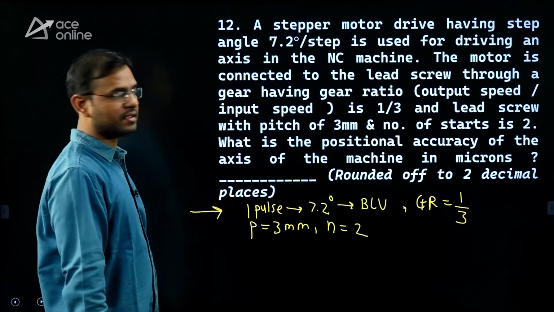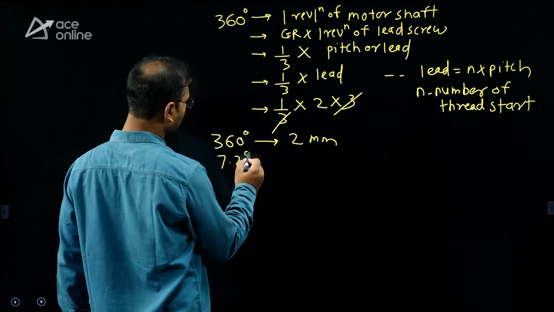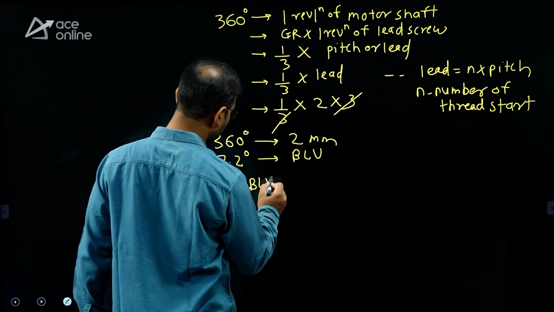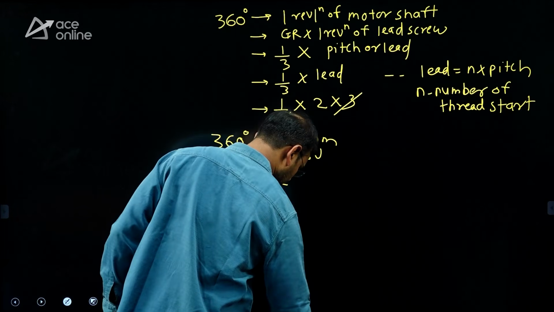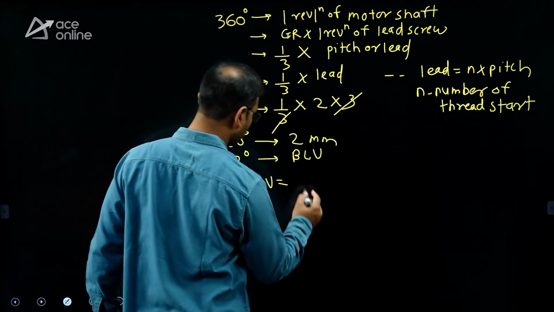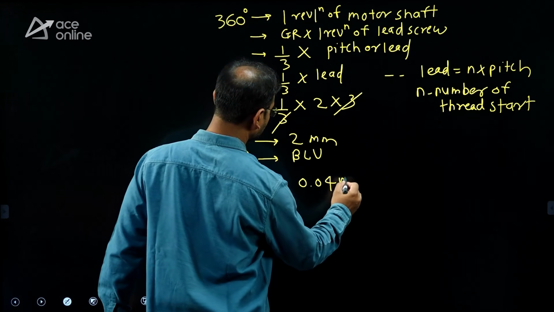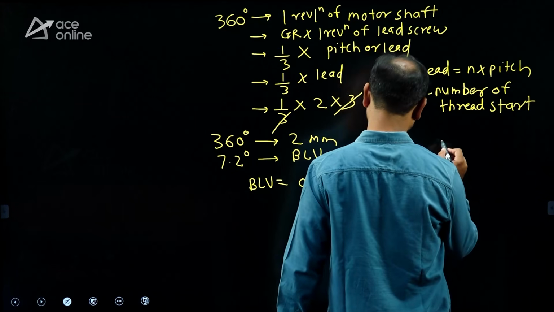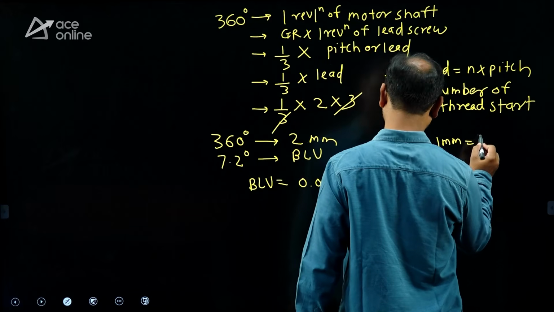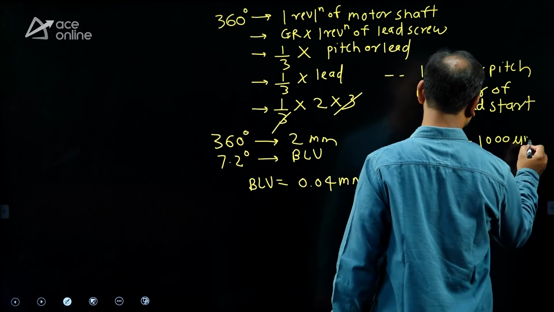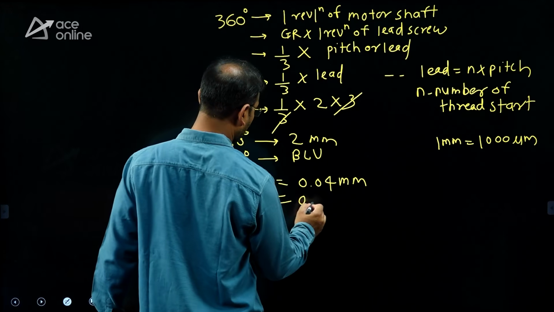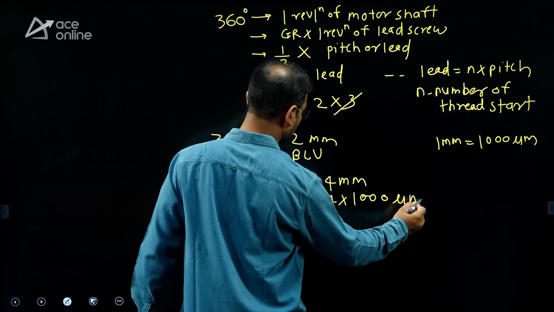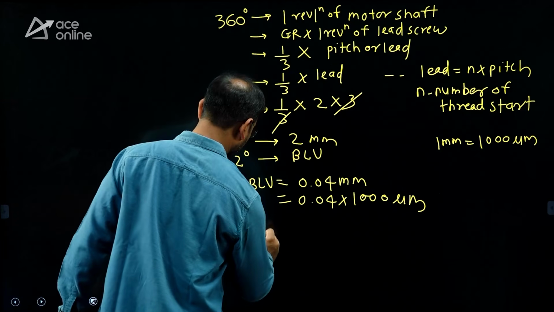Then what is the step angle? 7.2 degree. Then in the 7.2 degree the distance traveled is BLU, that is BLU is also known as positional accuracy. Then what is the answer of BLU here, guys? 0.04 millimeter. But we have to write the answer in microns, means in micrometer. 1 millimeter is equal to 1000 micrometer.